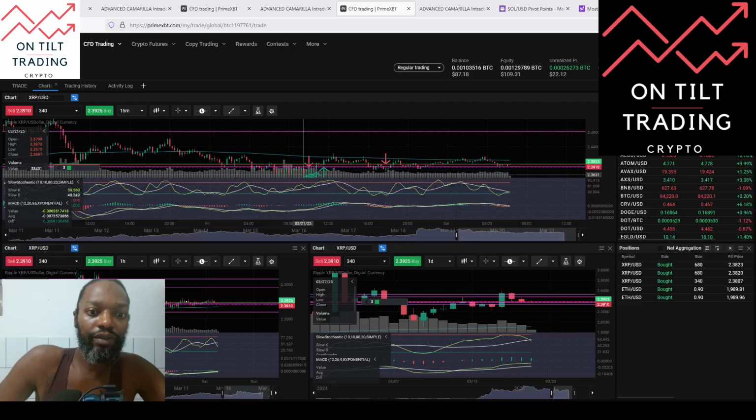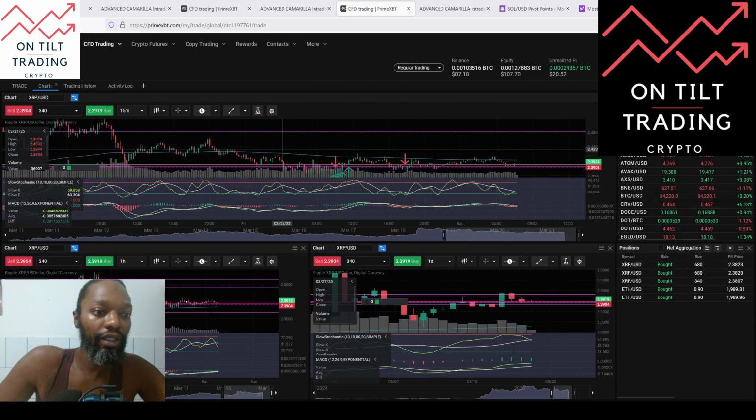I chickened out and exited on a position here early. The three positions that I'm in are here. I took a fourth position, but stopped out of it here on this pullback. But I've still got three positions in this, and this is the target.